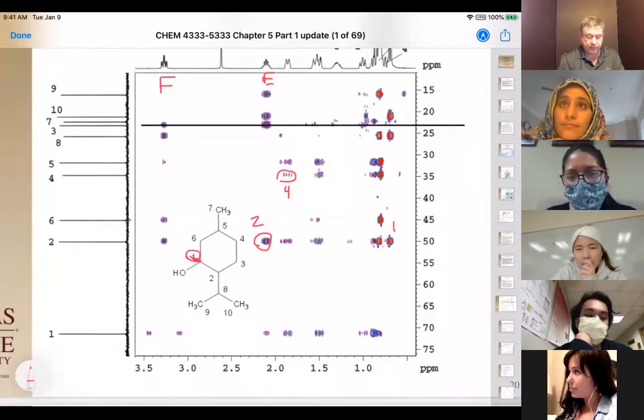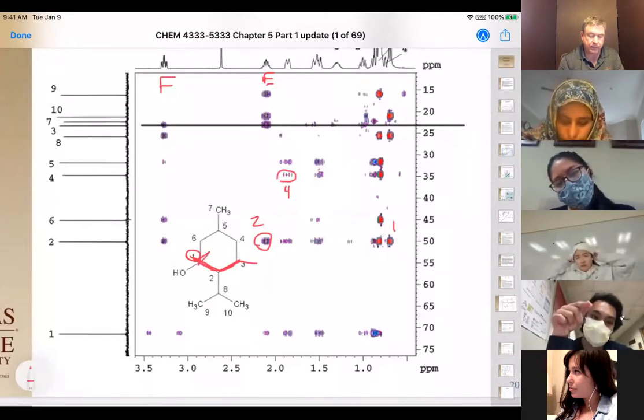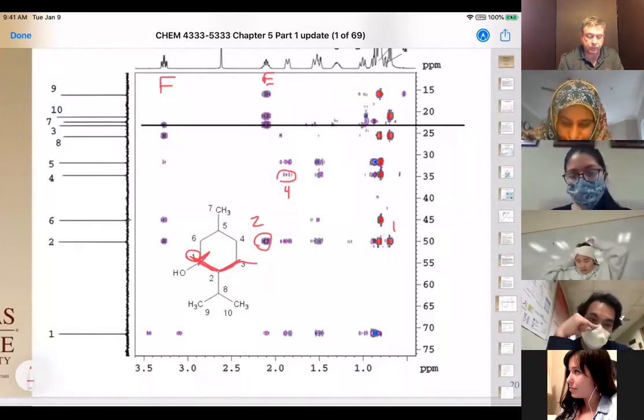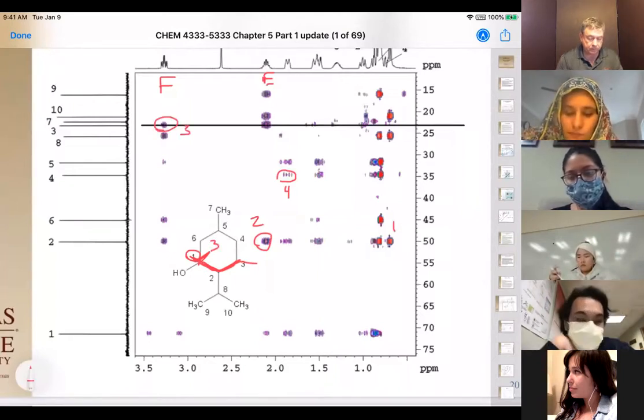So there is a 1, 2, 3: the carbon-carbon bond, the carbon-carbon bond, and then the carbon-hydrogen bond. So that's 1, 2, 3 bonds over. So this is a 3 bond connection to carbon number 3.